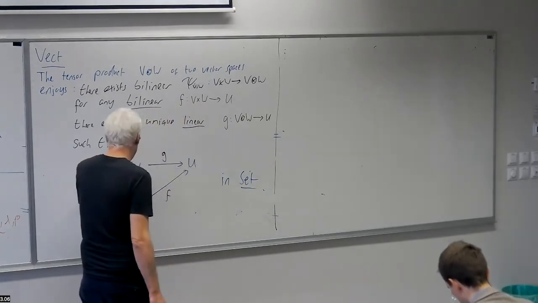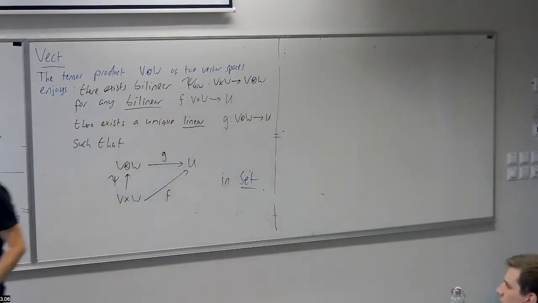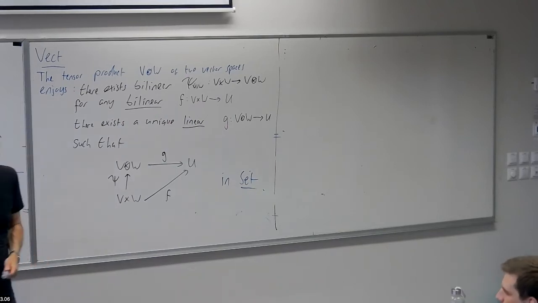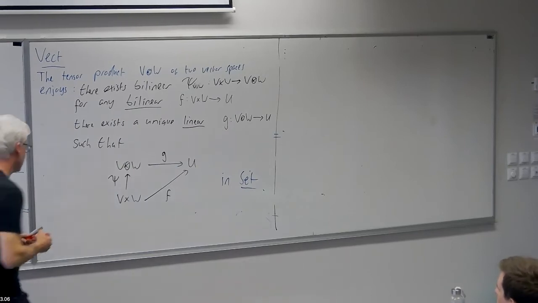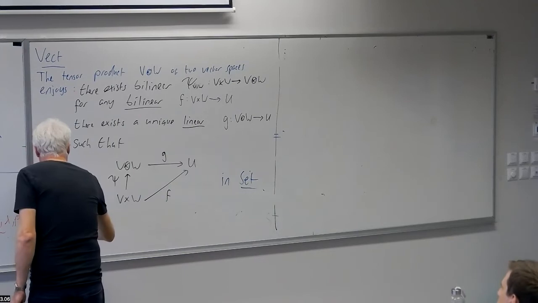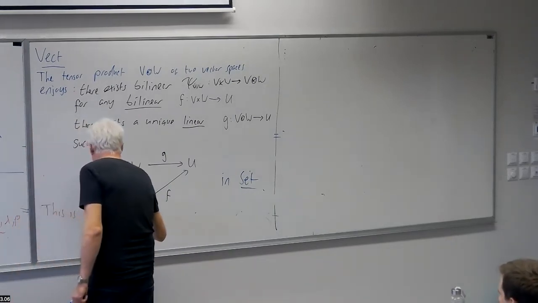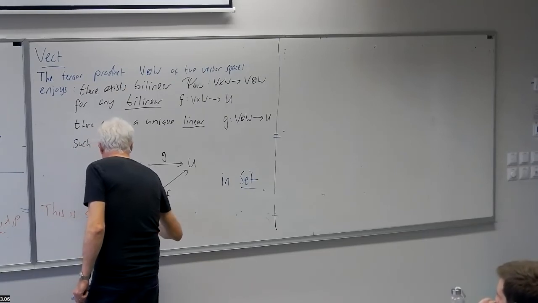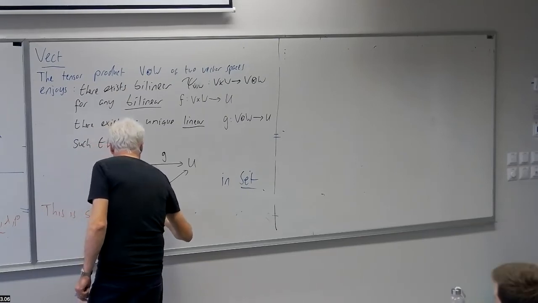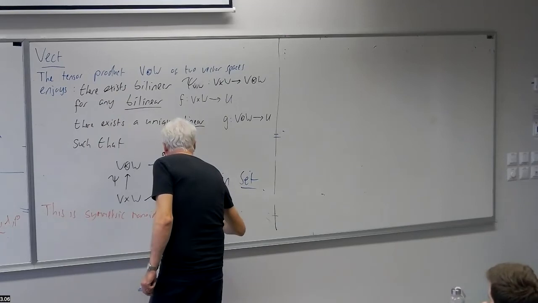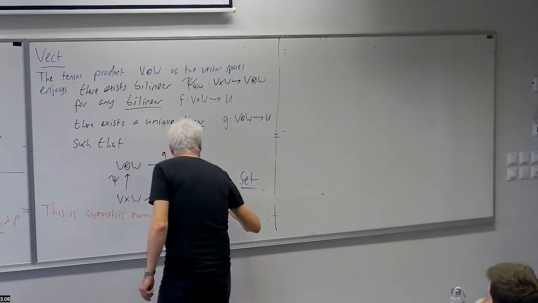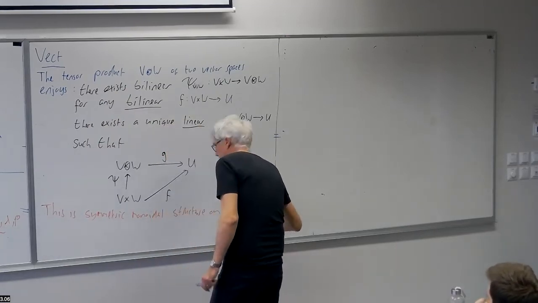So this completely characterizes the tensor product, and this tensor product endows, or gives would be a better word, a symmetric monoidal structure on the category of vector spaces.